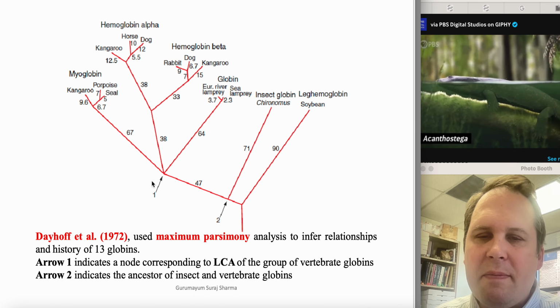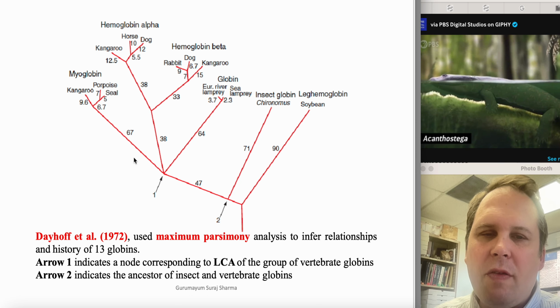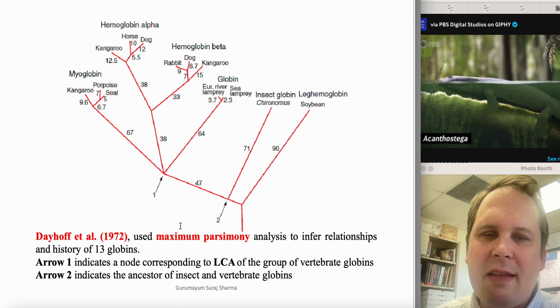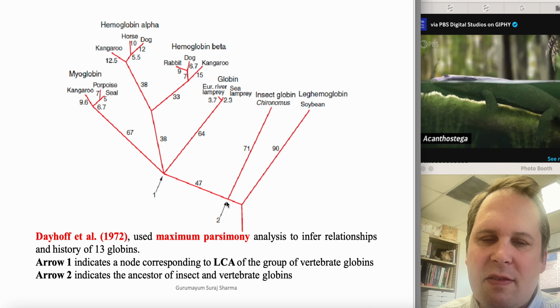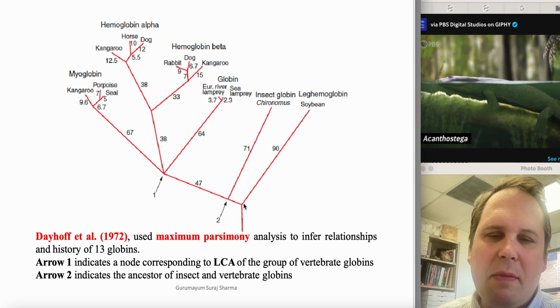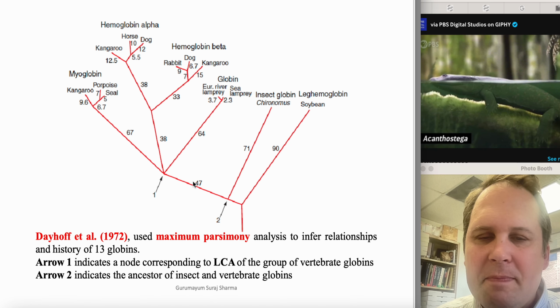And so in this case, arrow 1 indicates where we think the root would actually be, so it would be equally related to all the globins, including plant globins and insect globins. And arrow 2 would be the last common ancestor of both insect and vertebrate ones, with the last common ancestor between plant and vertebrate ones would be over here. So this, 1 was the last common ancestor of the vertebrate globins.